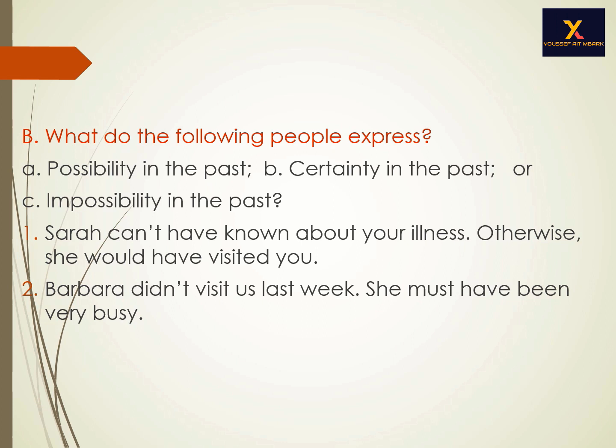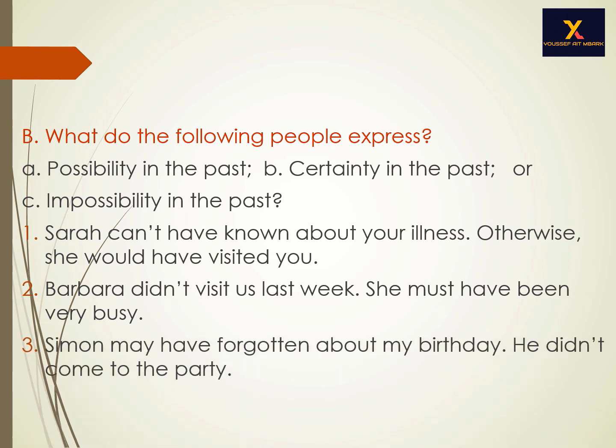Barbara didn't visit us last week. She must have been very busy. Sentence number 3. Simon may have forgotten about my birthday. He didn't come to the party. You have 5 minutes to do the exercise, and then you can see whether your answers are true or not.